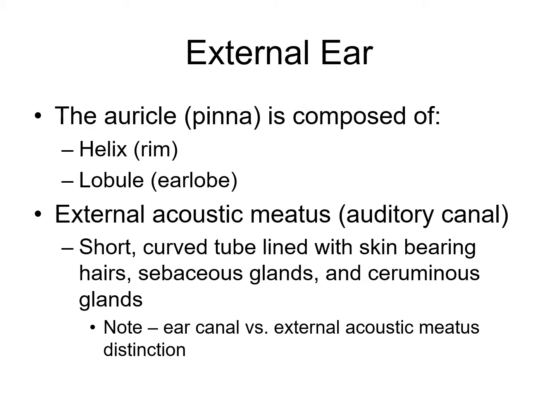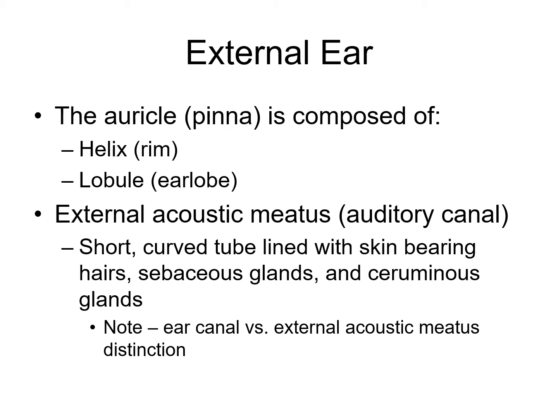Okay, so our external ear has that auricle or pinna, which is composed of the outer rim, known as the helix, as well as the lobule, or the earlobe. And then the external acoustic meatus, otherwise known as the auditory canal. Like I said previously, Saladin treats this as basically one and the same with the ear canal.